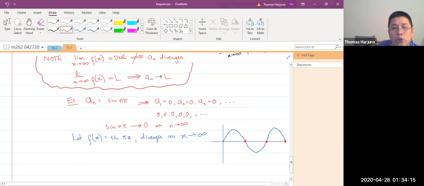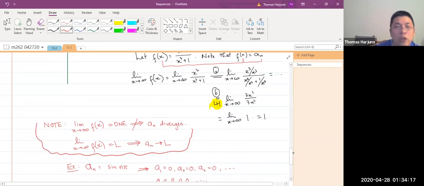We can use this superposition method only if it is convergent. If it is divergent, we can't really tell. We need to be more careful. Of course, if the limit goes to infinity or negative infinity, then we can safely say that the sequence also goes to positive or negative infinity.